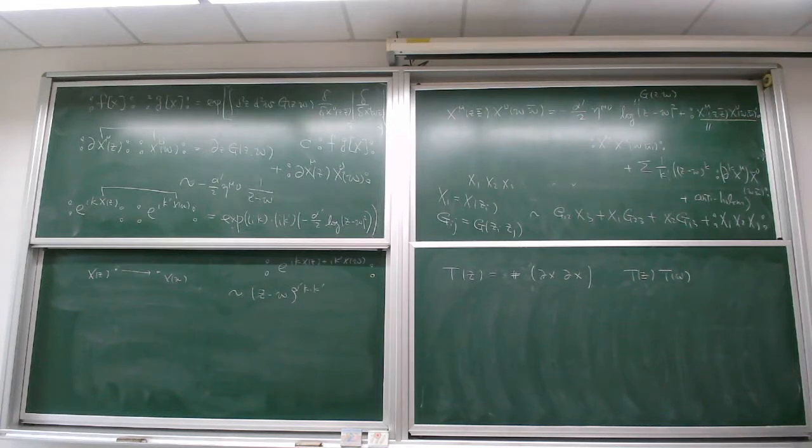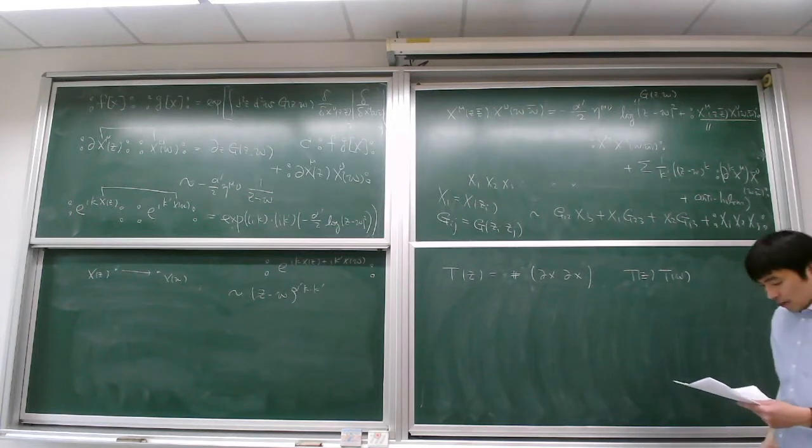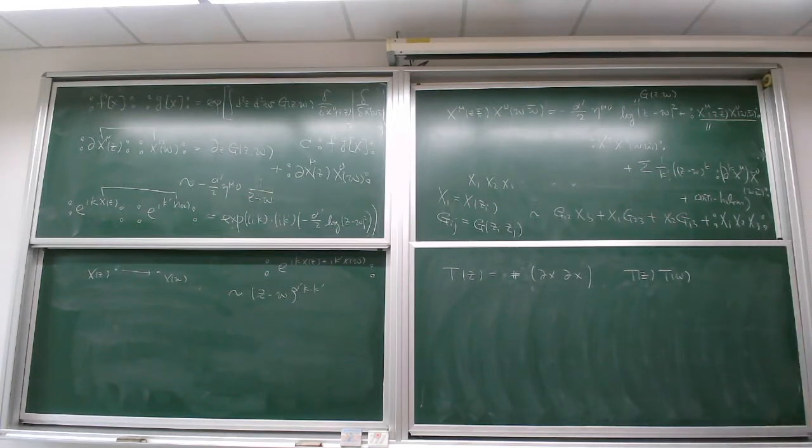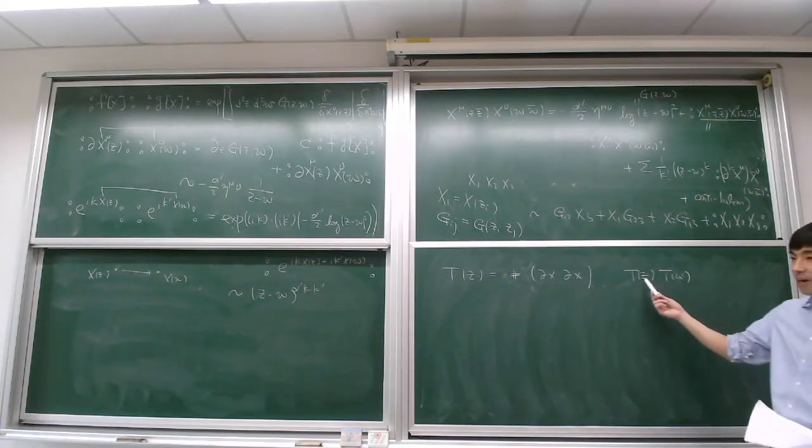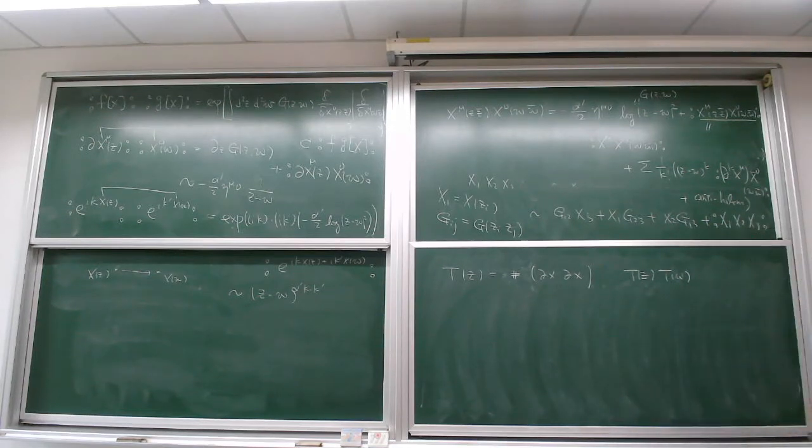So this is a very fundamental question one can ask in physics. So we are moving on to answer a very basic question in quantum theory. In particular, this product is very important in conformal theory.